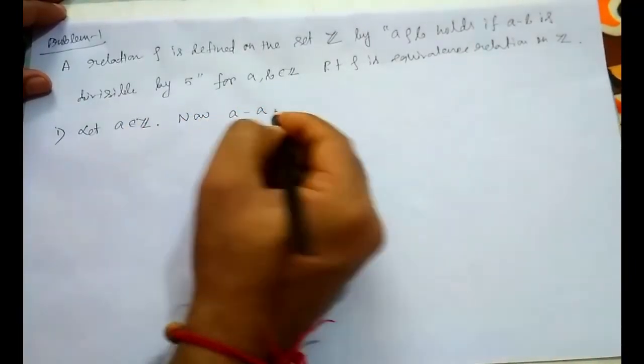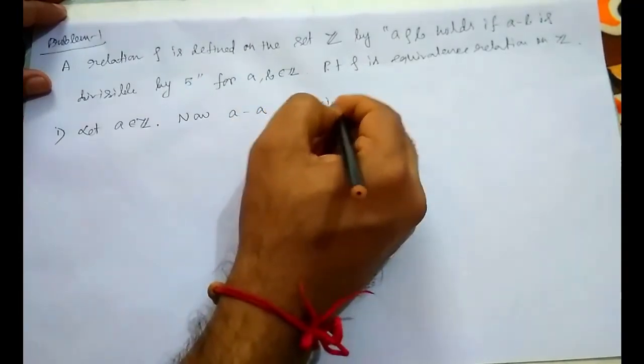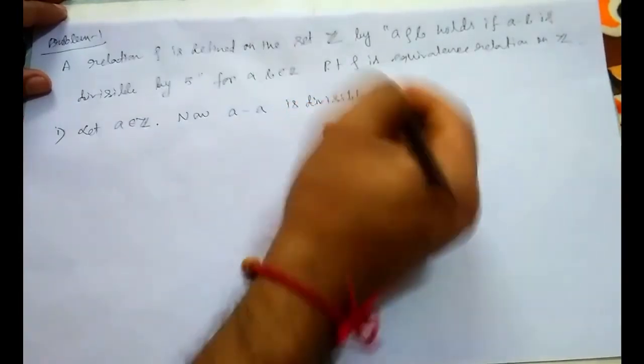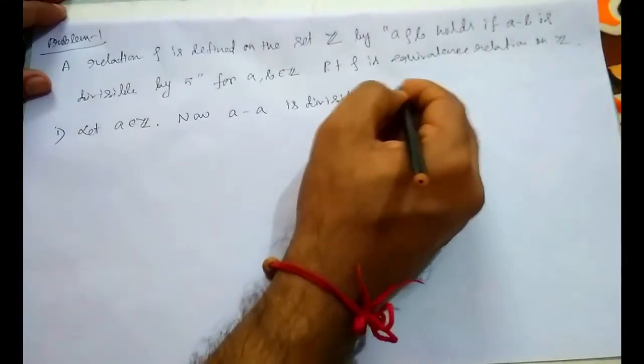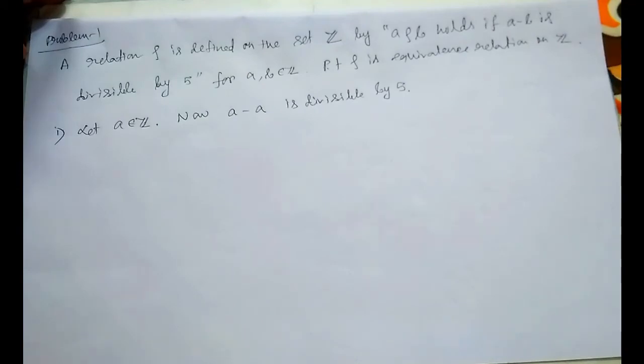Now a minus a is divisible by 5. Why? Because a minus a is 0 and 0 is divisible by every real number.